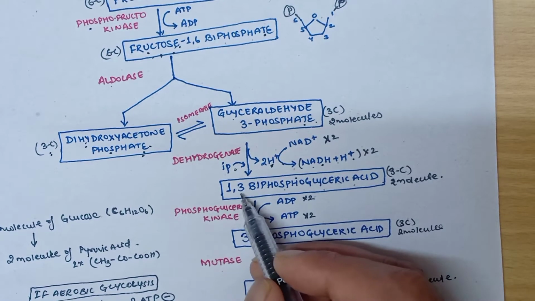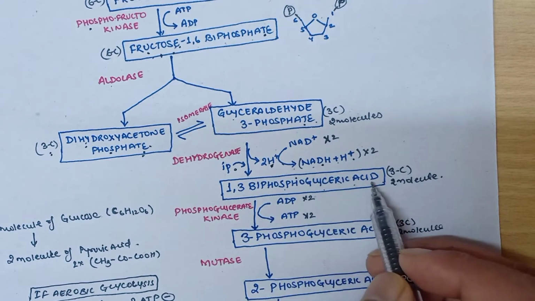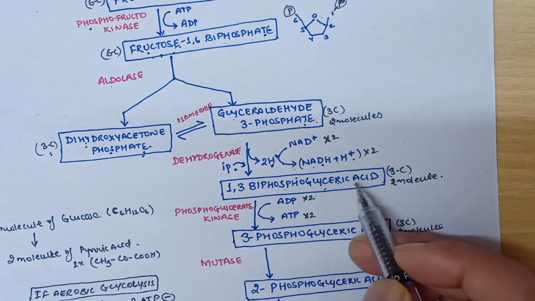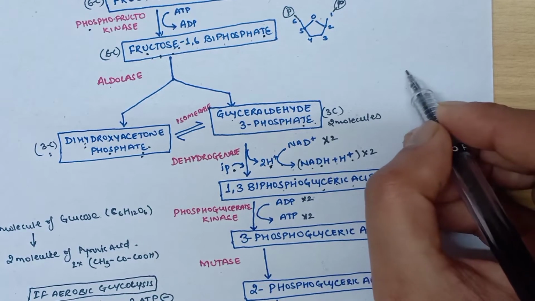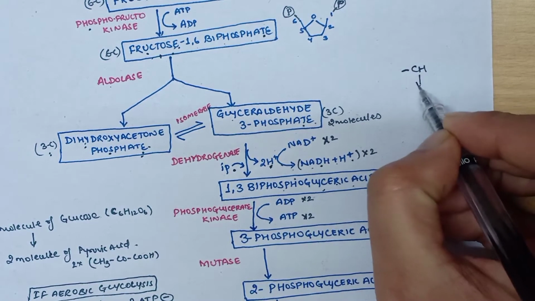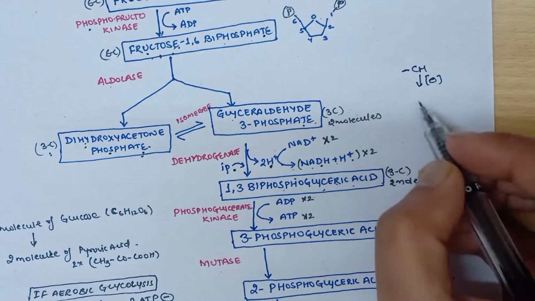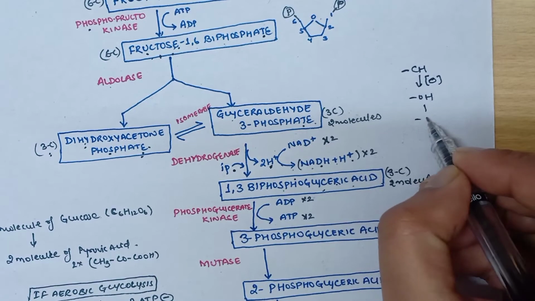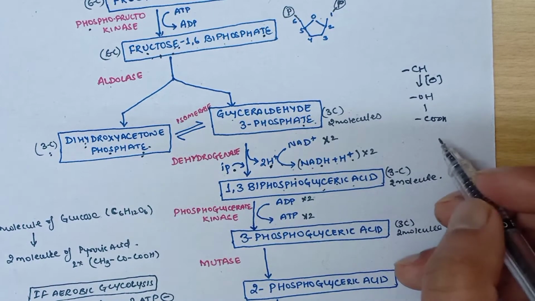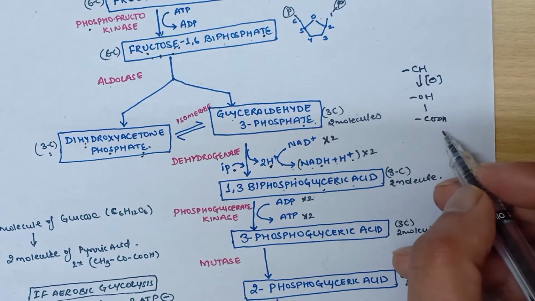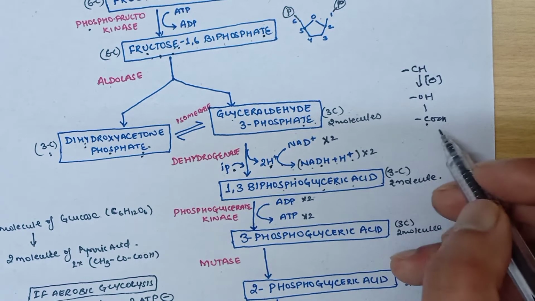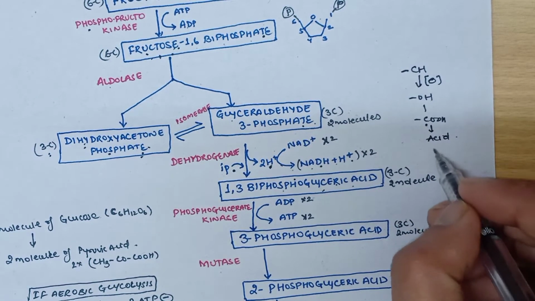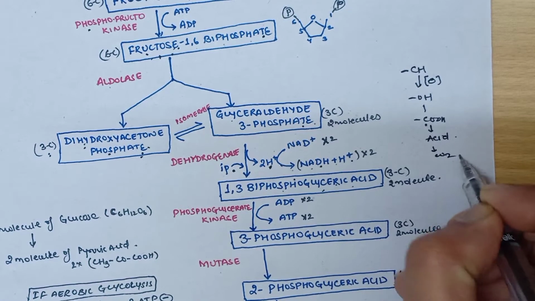So we get 1,3-biphosphoglyceric acid. So how did we get this acid? We know that when hydrocarbons are oxidized, we get alcohol, and when alcohol is oxidized we get aldehydes or ketones, and when aldehydes and ketones are oxidized we get acids, and when acids are oxidized we get carbon dioxide.